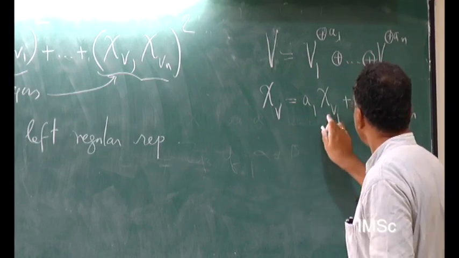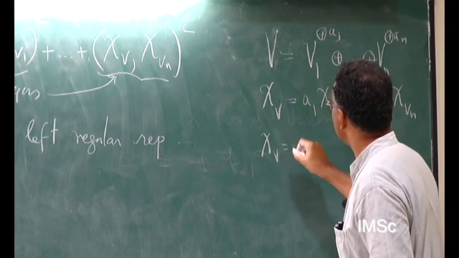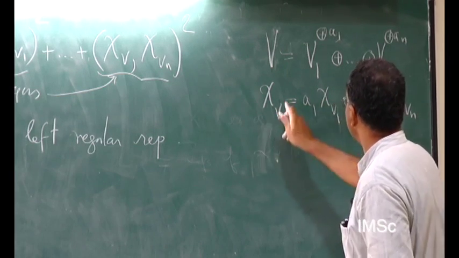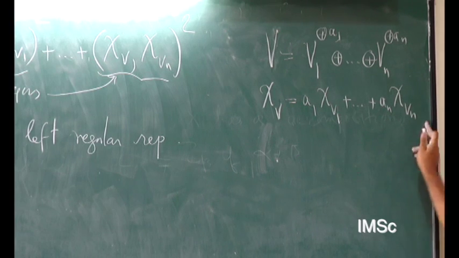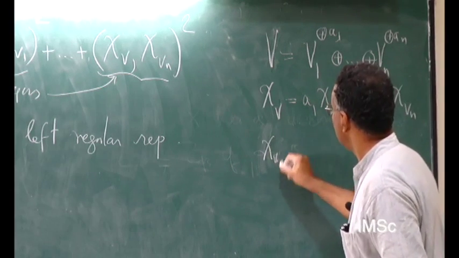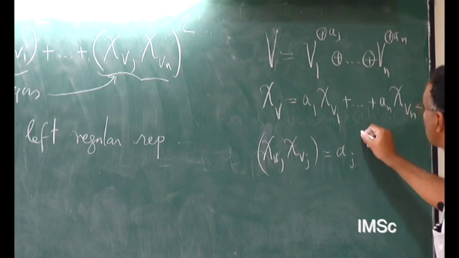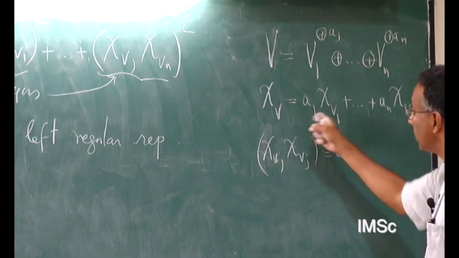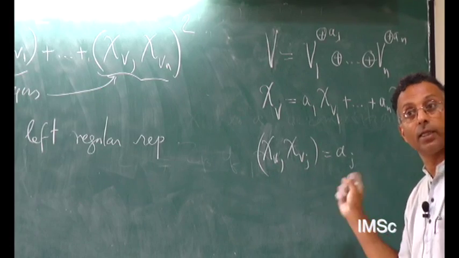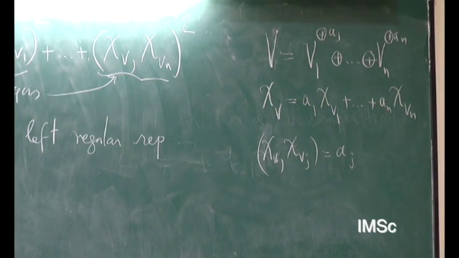But then because these are orthonormal, if I take the inner product with chi V1, all the other terms are 0. So I get the inner product of chi V with chi Vj equal to aj. So aj is an integer, and therefore this inner product is an integer for every j.